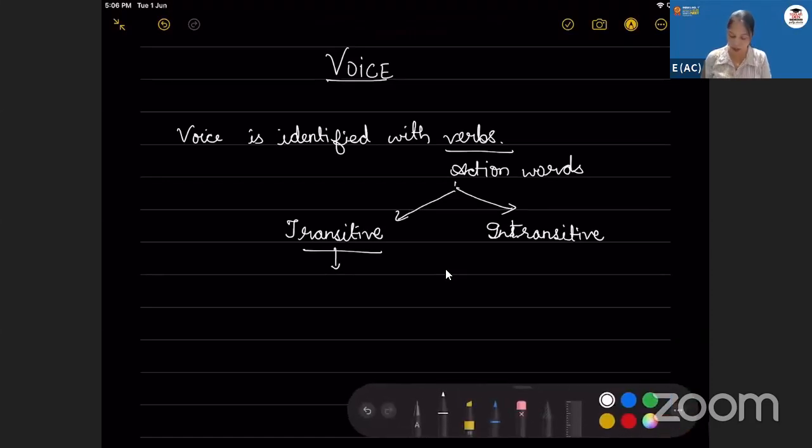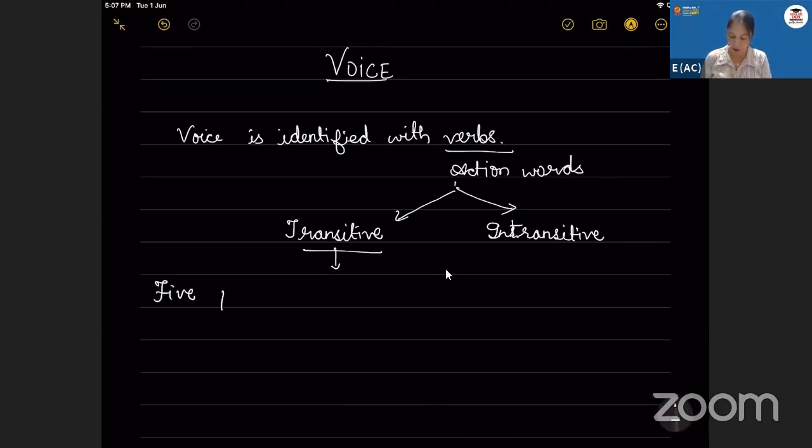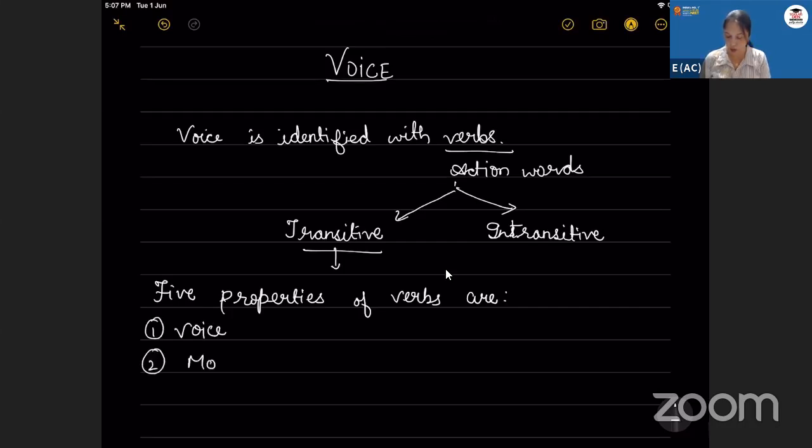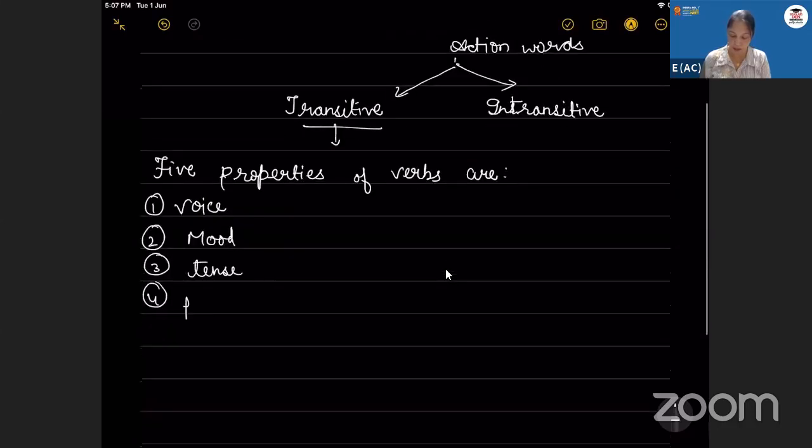The 5 properties of verbs are: 1, voice; 2, mood; 3rd, tense; 4th, person; and 5th, number, right? Please scroll up.